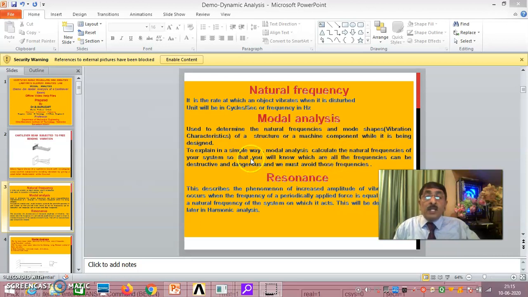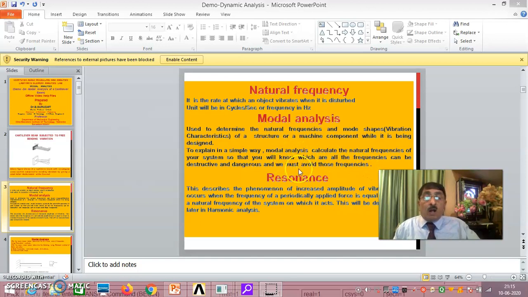That means, as I said, these are the frequencies that can be destructive and dangerous. 1800 RPM will be dangerous, because for this shaft, 1800 RPM is the natural frequency.